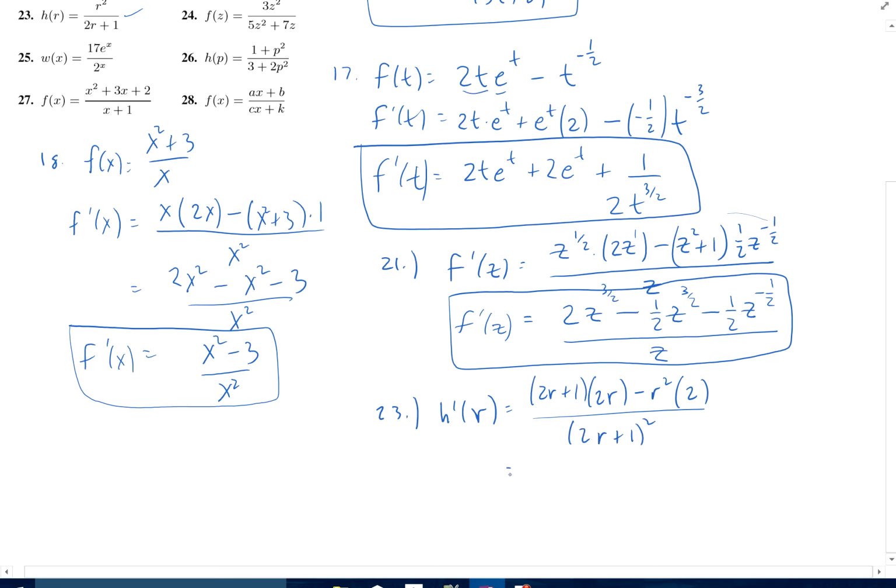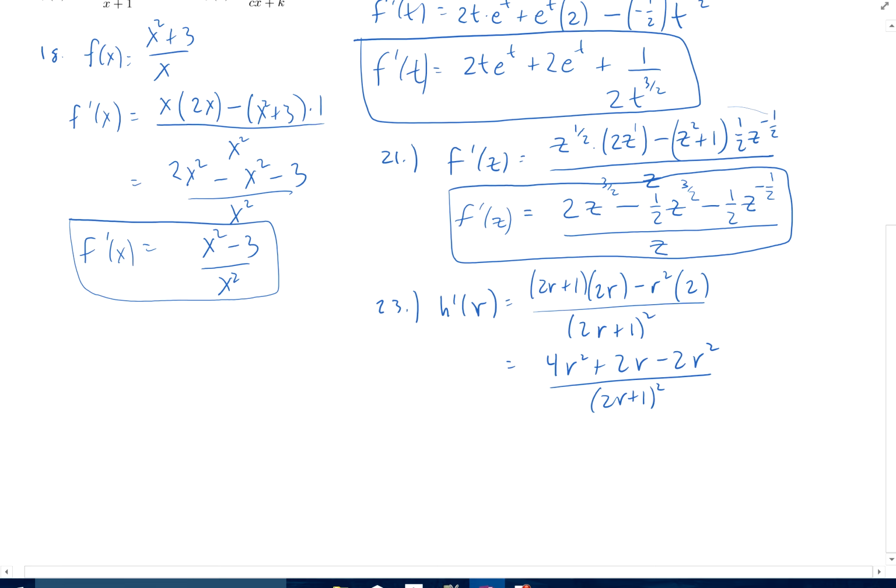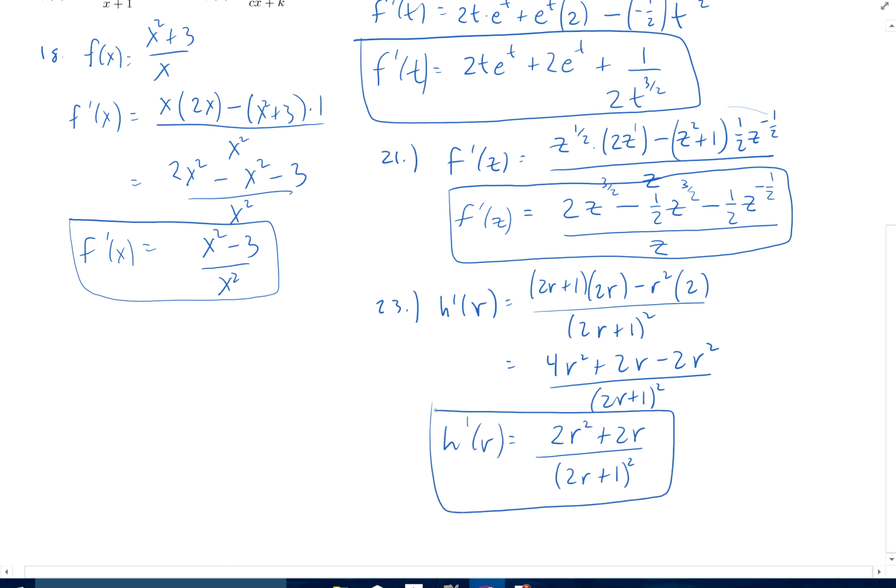So that'd be what? 4r squared plus 2r minus 2r squared over 2r plus 1 squared, which is 2r squared plus 2r all over 2r plus 1 squared. So there's your h prime of r. Okay. All right, doesn't matter which variables we use, r's, x's, t's, they are all the same.